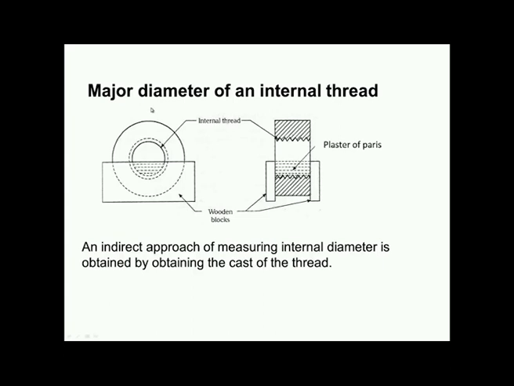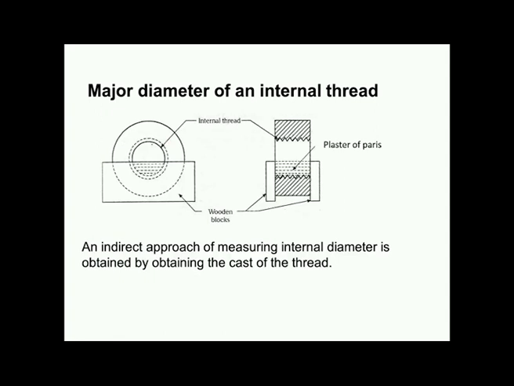Now, measurement of major diameter of internal thread. For this we use a method called casting method. We can see in this diagram, this is the workpiece having internal threads whose major diameter is to be measured.